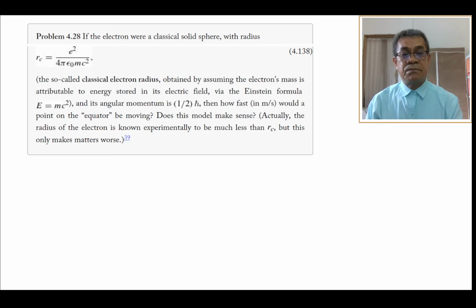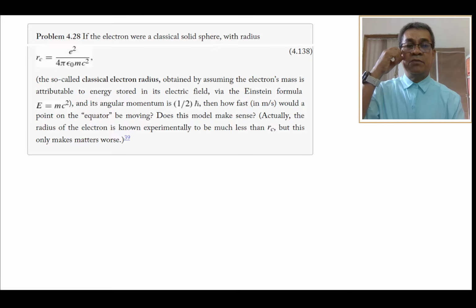Okay, so we have this problem taken from the book of Griffiths, 4.28. The problem says that if the electron were a classical solid sphere, so in a classical system, with radius of r_c, the radius of that is e squared over 4 pi epsilon naught times the mass of that electron times the square of the speed of light. So this is now the so-called classical electron radius.